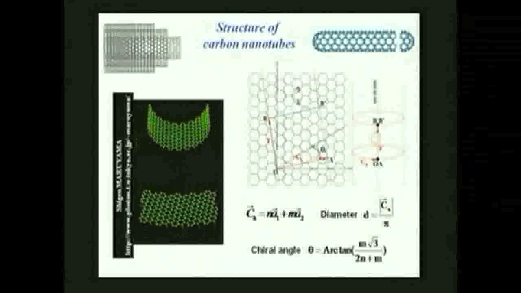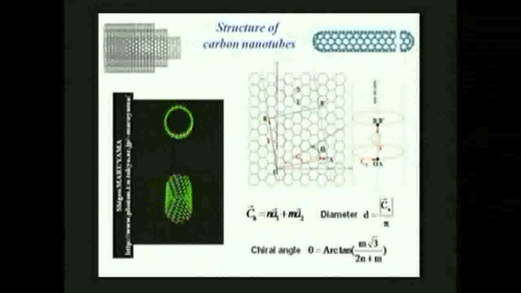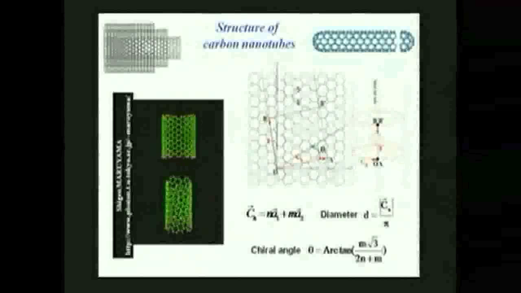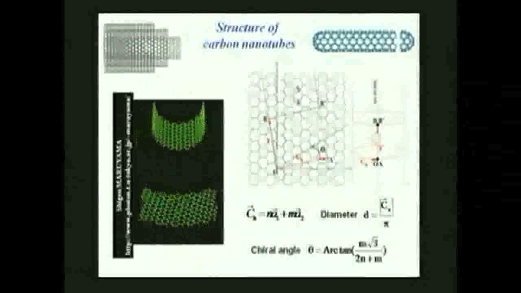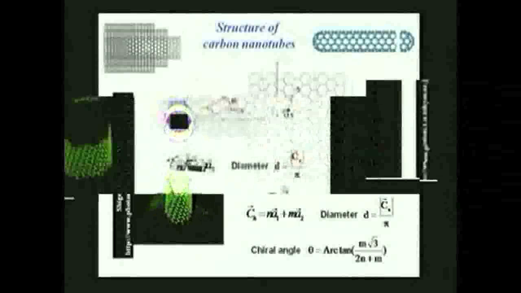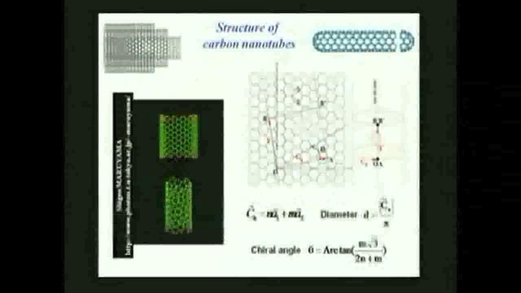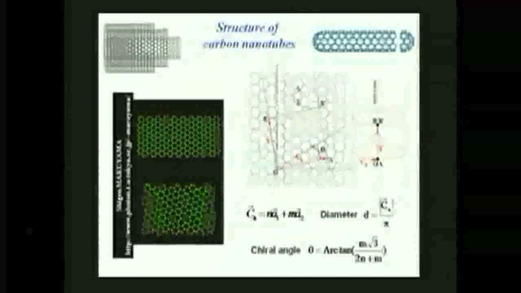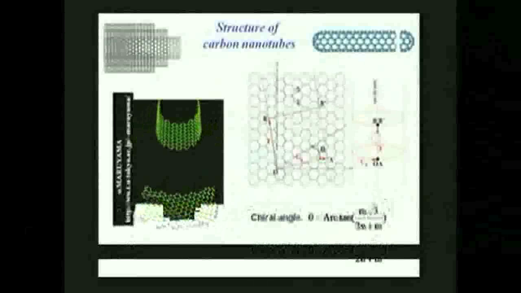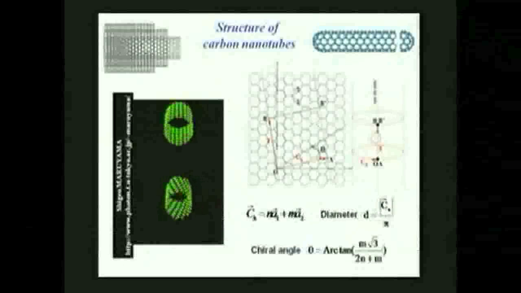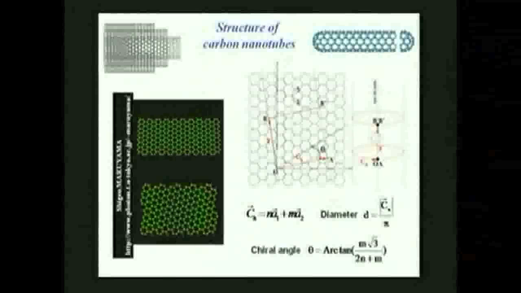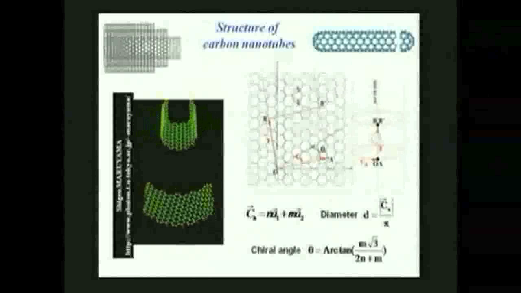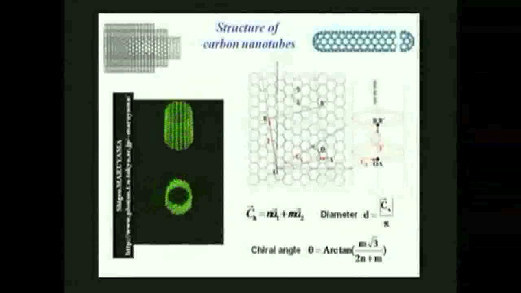But when you see the symmetry of your graphene sheet, you can easily imagine that there are many ways to cut the graphene sheet and then to roll it up. And depending on the way you cut the graphene sheet, you will have different properties, especially different electronic and optical properties. So, to define the way you cut the graphene sheet, you will use two vectors.